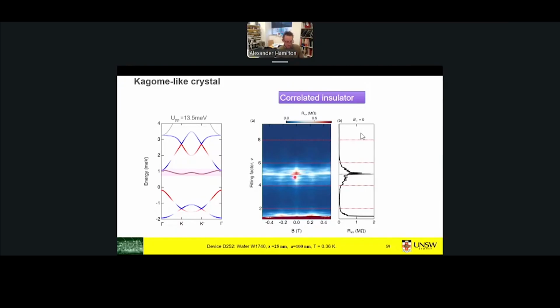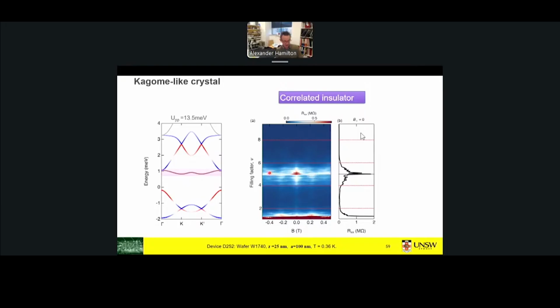Sorry, I don't have a good cut as a function of magnetic field, but red is 1 mega ohm resistance, white is half a mega ohm, and blue is 0.1 mega ohms. What you see is that right at zero magnetic field, you've got this large insulating state, and then it doesn't really change much once you go above about 0.1 Tesla. It just stays white all the way.